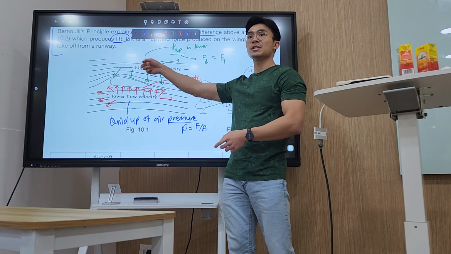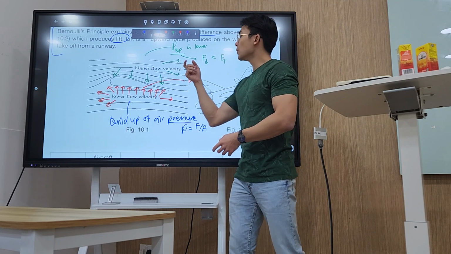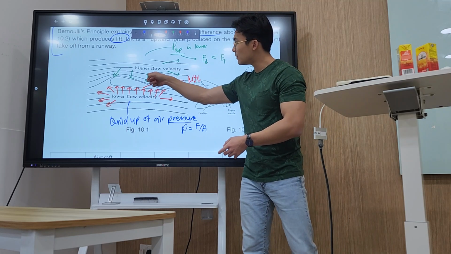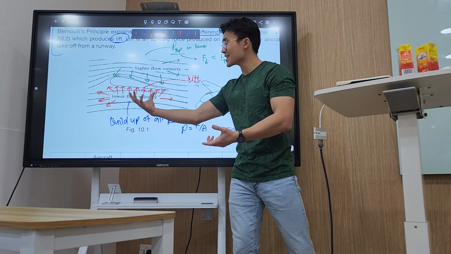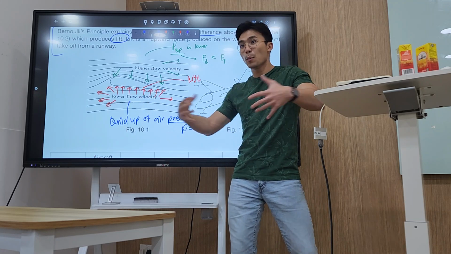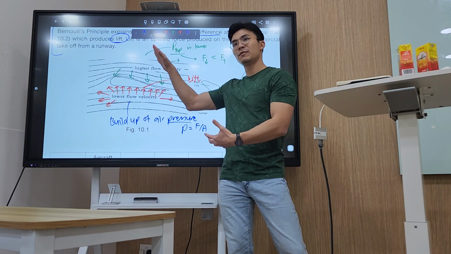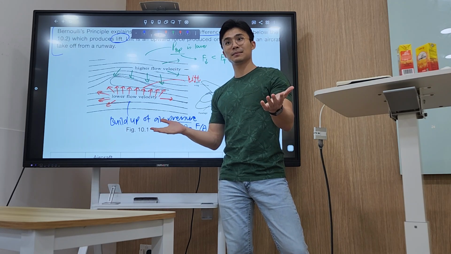Now here also has air pressure, of course, but there's lower air pressure, which means lower force. So if there's lower force here, higher force here, at some point this upwards force becomes so big, the difference between them becomes so big that I'm able to lift the plane up.